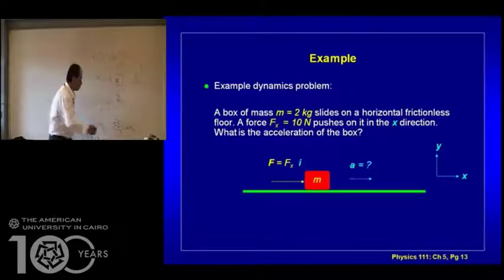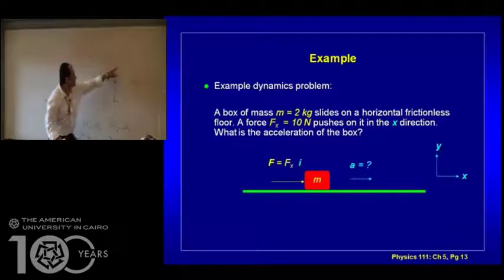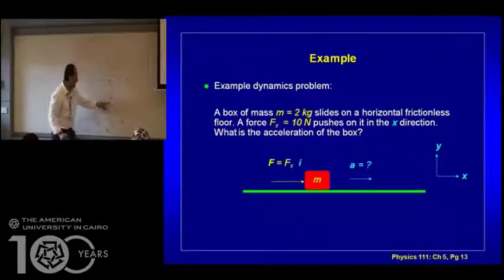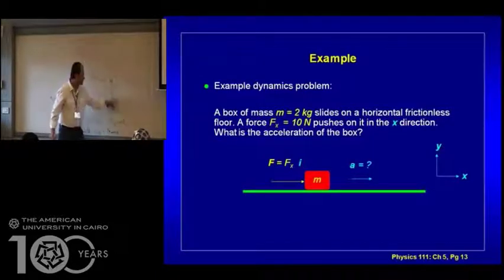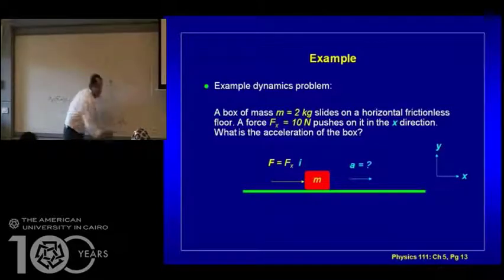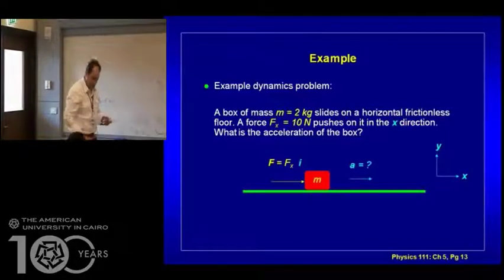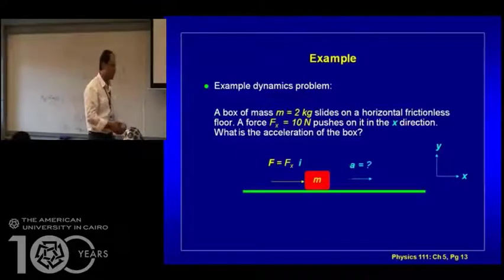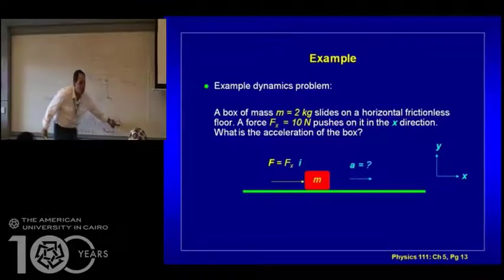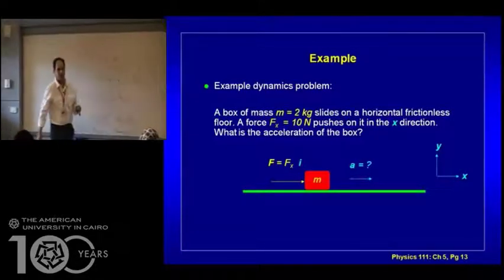N has to be positive because it's along the positive y-axis, and mg has to be negative because it's along the negative y-axis. That should equal 0. Why 0? Because there is no motion along the y-axis. The object is only moving along the x-axis, so the acceleration along the y-axis is 0. So that whole quantity will be 0.